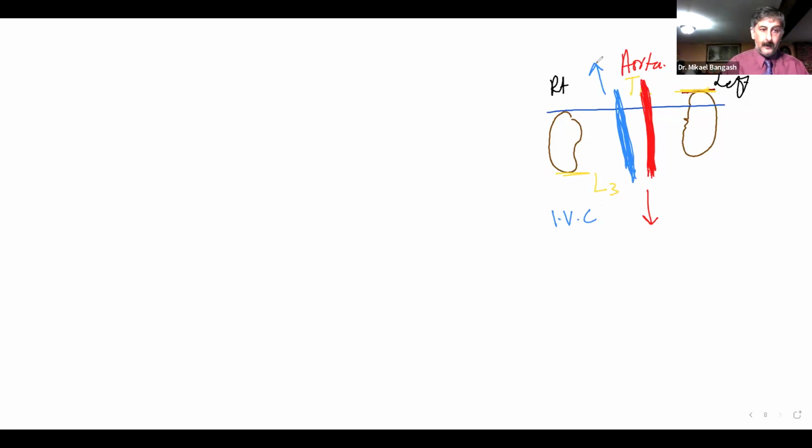Now, what your aorta will do as it runs by the kidneys is give off an artery to the left kidney, and an artery to the right kidney.